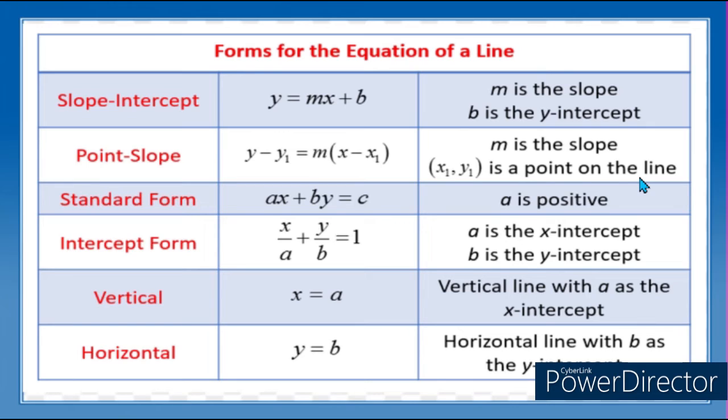And we have here the standard form, ax plus by is equal to c, and a is positive. Another one is we have also the intercept form. Kapag intercept form, a is the x-intercept, b is the y-intercept. So x over a plus y over b is equal to 1. And we have the vertical, x is equal to a, and horizontal is y is equal to b.